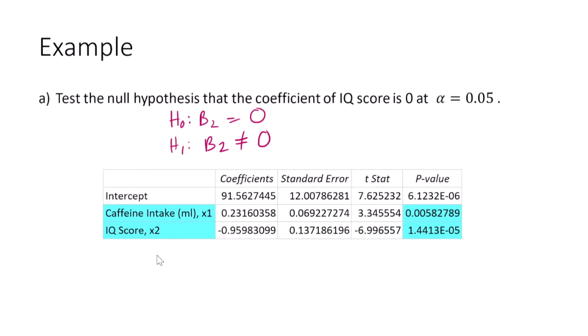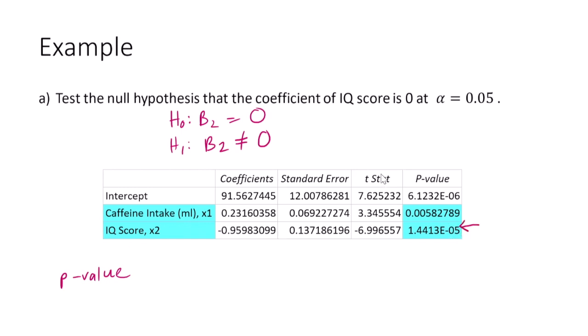Okay, so these are the results from Microsoft Excel. I would only look at the p-value over here. It's easier to make a decision. So the p-value for this test would be the one over here for IQ score.